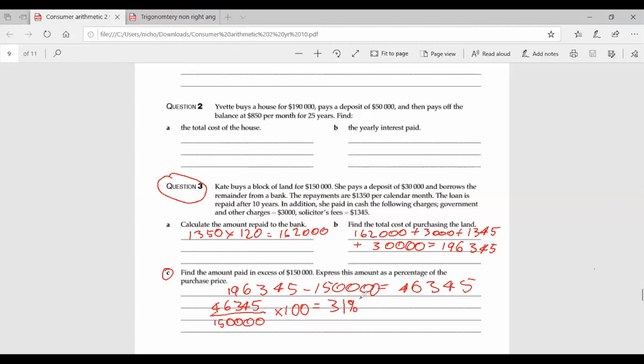So in that case, knowing how to do this will tell you how much extra you have to pay on your home loan. So it's good when you're comparing different home loans with different rates or different periods, because that way you can know how much you have to pay extra than the asking price.